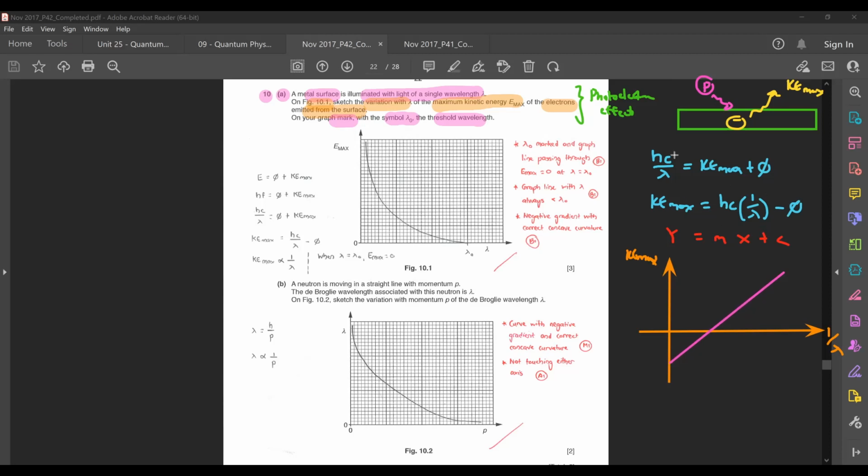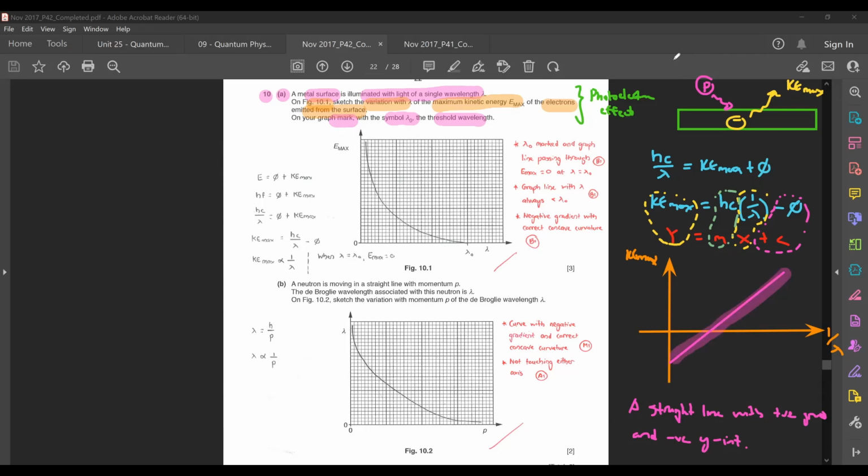The y-axis is KE max, the x-axis is 1 over lambda, your gradient is hc, and your y-intercept is going to be negative phi. So you get a straight line with positive gradient and negative y-intercept. This is the graph that you expect to see.